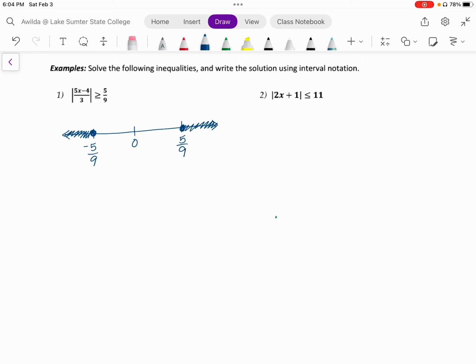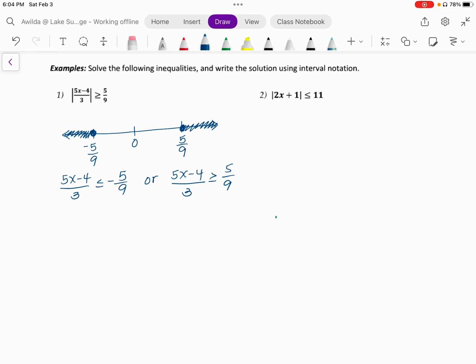As inequalities, we can say that 5x minus 4 all divided by 3 is either less than or equal to negative 5 over 9, or that the quantity 5x minus 4 all over 3 is greater than or equal to positive 5 over 9. Remember that saying that an absolute value is at least some number means that we are traveling away from 0. Now we just have to solve these two inequalities to finish finding the solution to this problem.